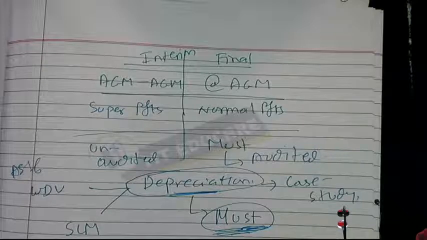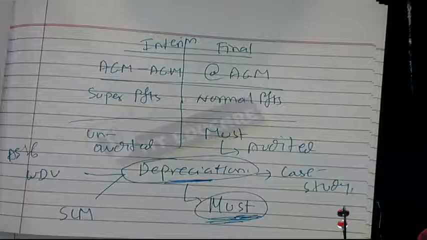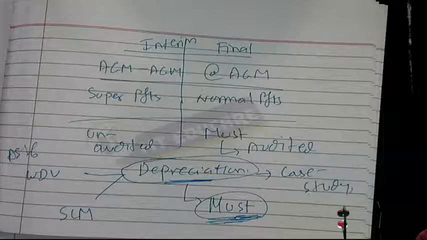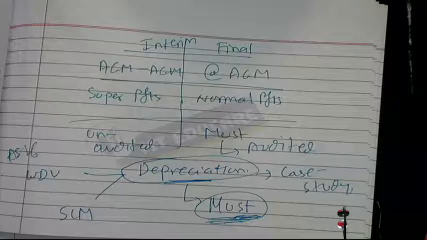Interim dividend, final dividend. Write down: the dividend which is paid between two AGMs is regarded as an interim dividend.